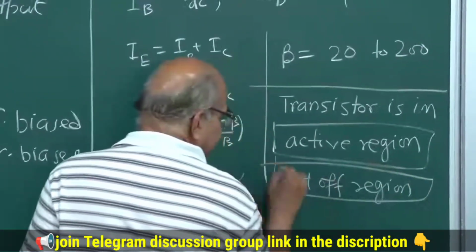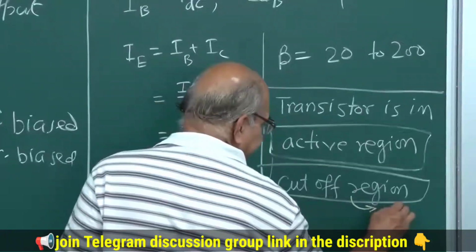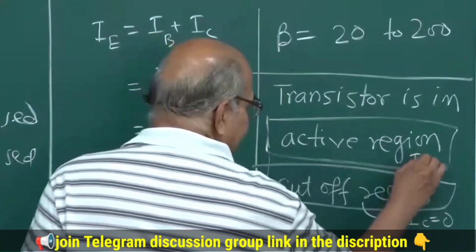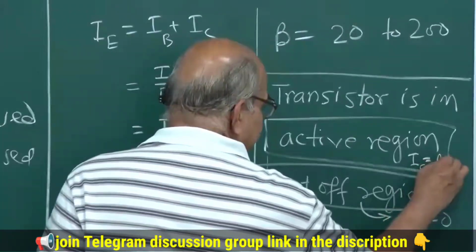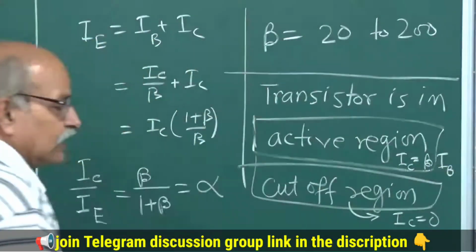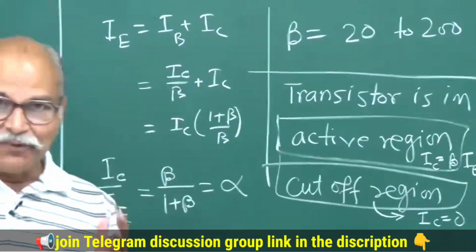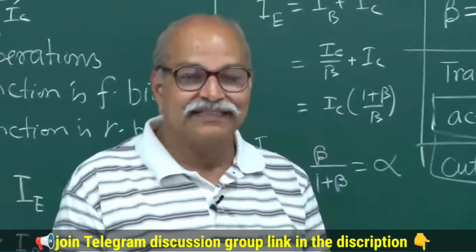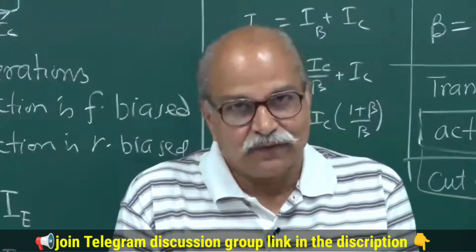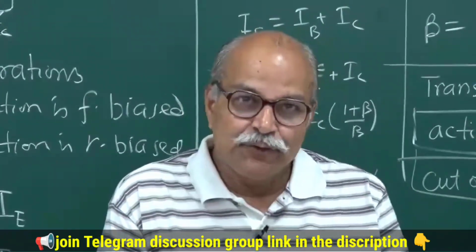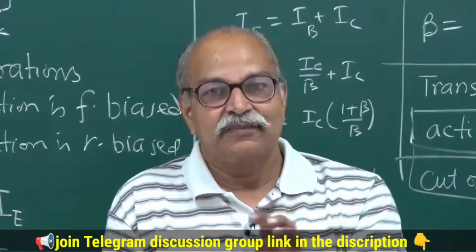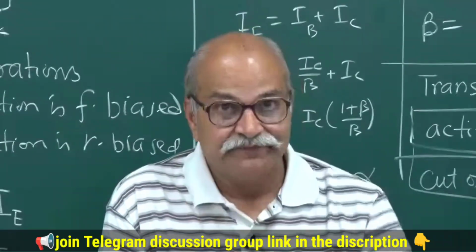So, cutoff region means no current, IC is 0, whereas here IC is beta times IB. And there is one more important region, and that is when the base emitter junction is forward biased properly. So, you do have a large number of electrons going into the base, correspondingly there is an IB.